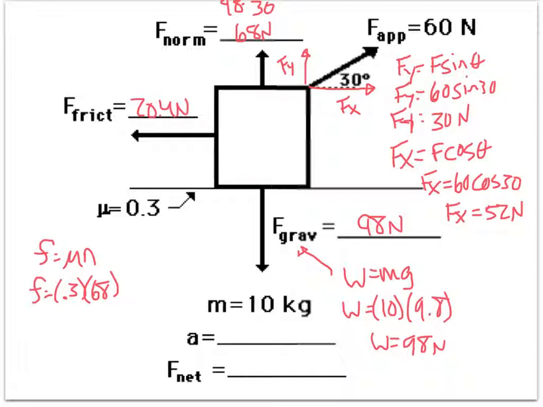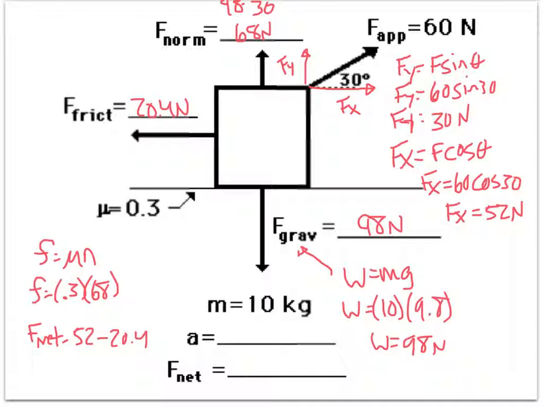20.4 newtons of friction. Now, I know that I have 20.4 friction backwards and 52 of x component. Okay, so there's 52 newtons x acting to the right and only 20.4 acting to the left. So I can find net force. My net force equals 52 minus 20.4.